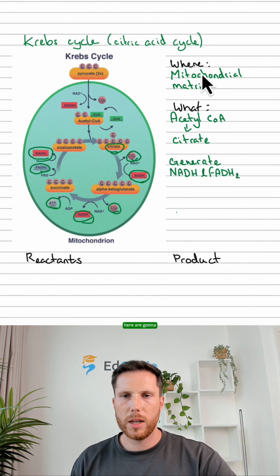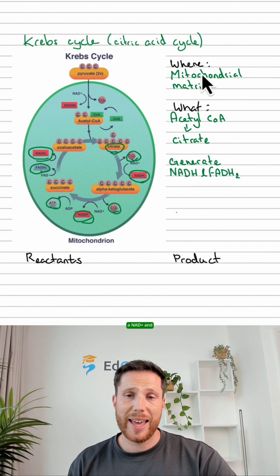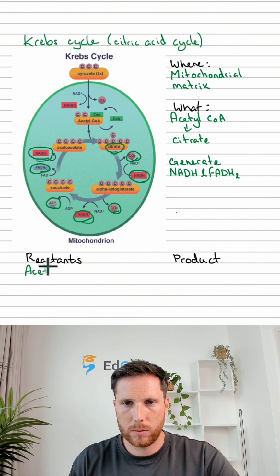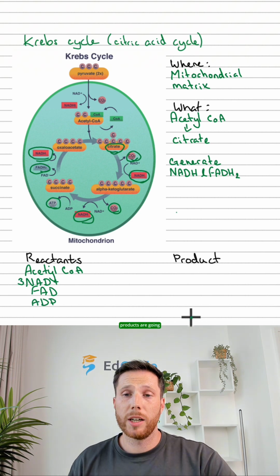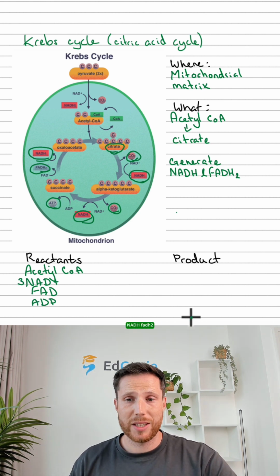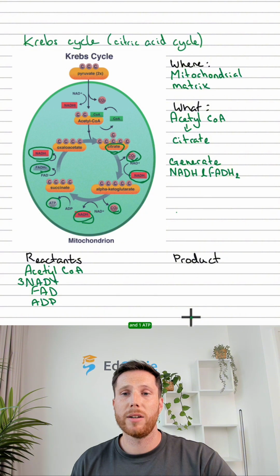The key reactants here are going to be acetyl-CoA, NAD+ and FAD, and 1 molecule of ADP. And the key products are going to be carbon dioxide, NADH, FADH2, and 1 ATP or GTP.